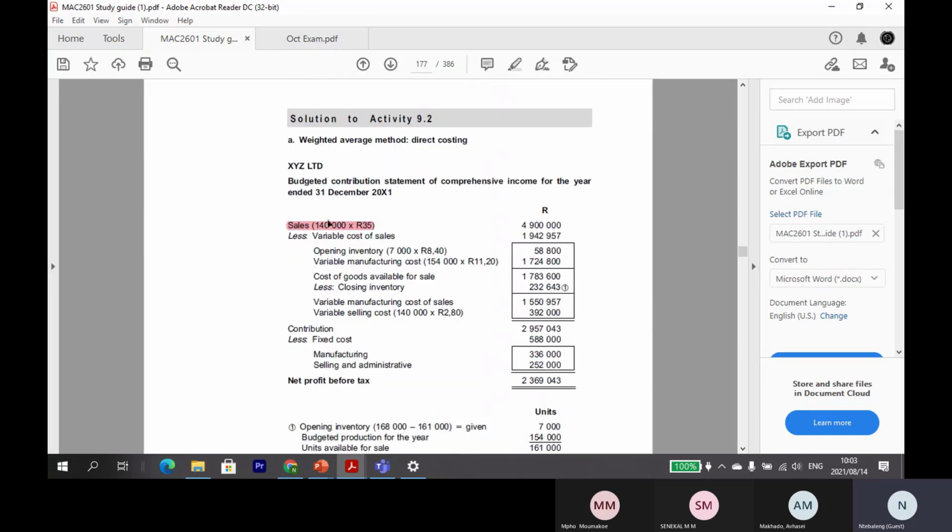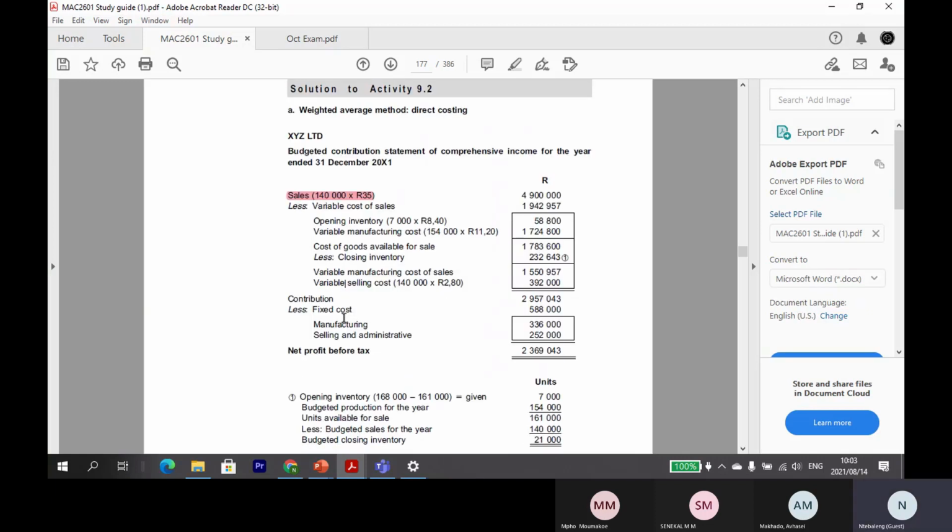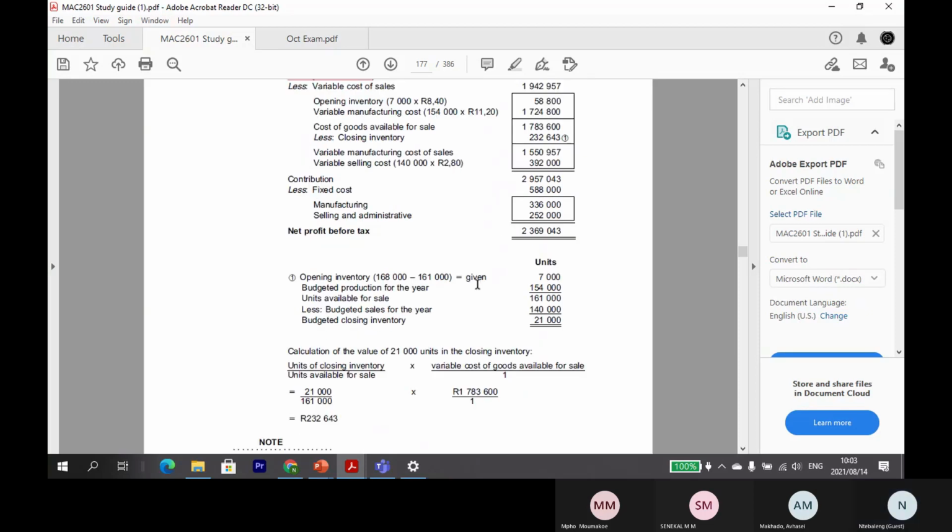And under direct costing, we are using variable manufacturing cost. Cool. So it's 8.40. And then your variable cost is 140 multiplied by 11 rand 20.